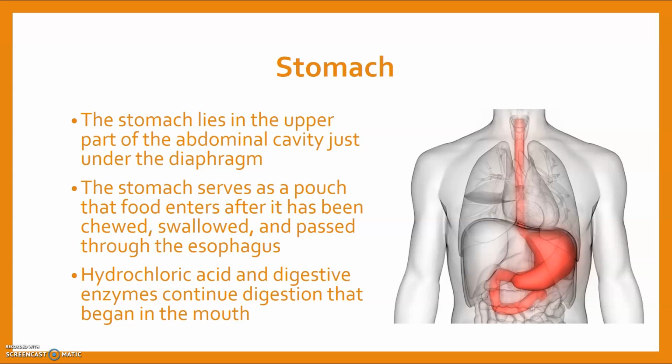The stomach serves as a pouch that food enters after it has been chewed, swallowed, and passed through the esophagus. The stomach contains contents such as hydrochloric acid and digestive enzymes, and these continue the digestive process that started in the mouth.